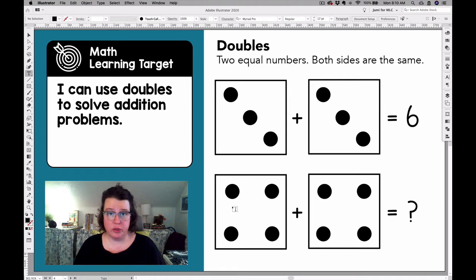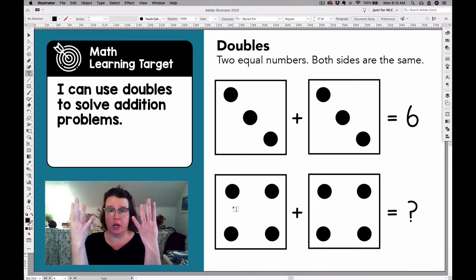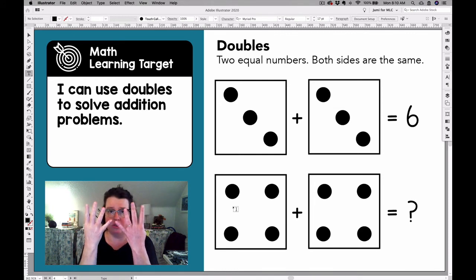We have another doubles problem. 4 plus 4. I've got a group of 4 and another group of 4, and I'm going to put them together to find out how many I have all together. Pause the video and solve this doubles problem, 4 plus 4.